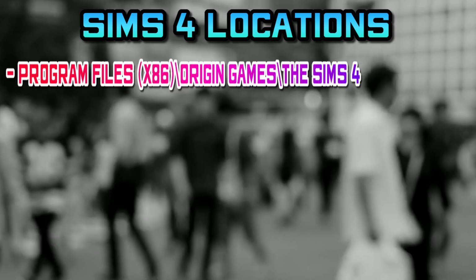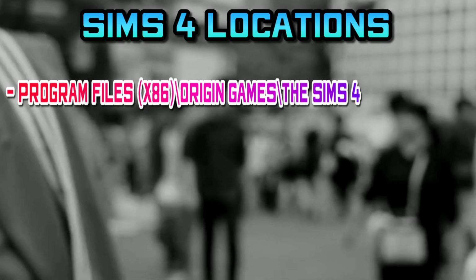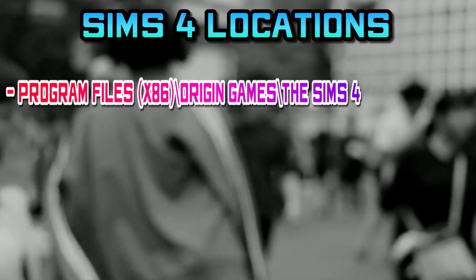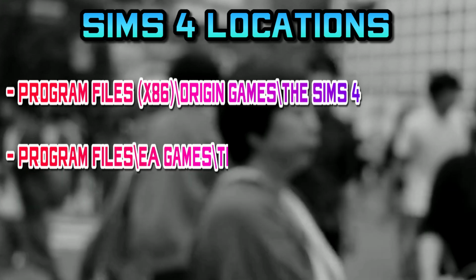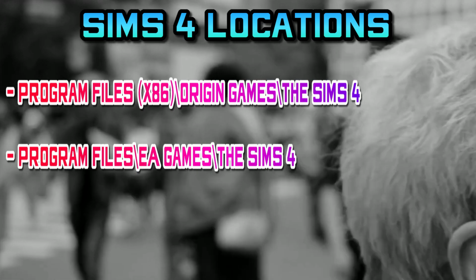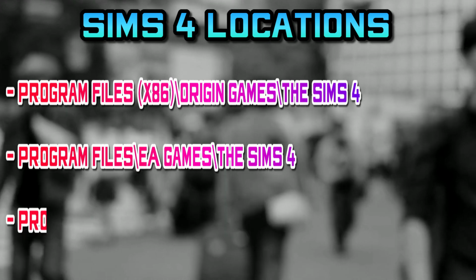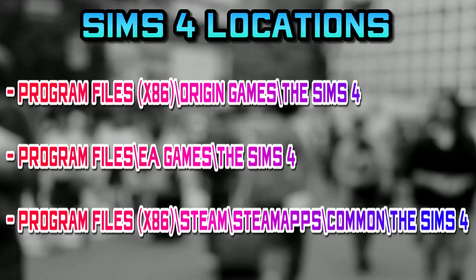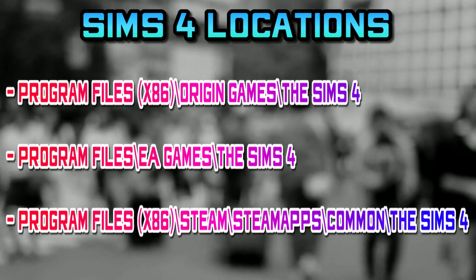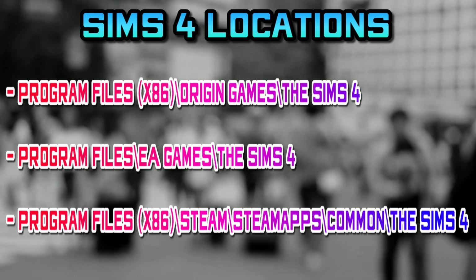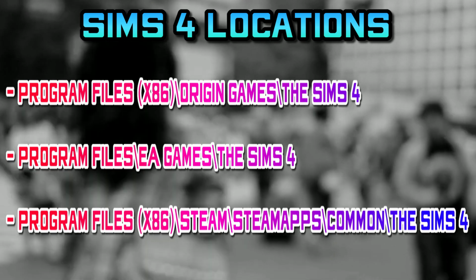Historically, The Sims 4 has lived in three main locations in its life: Program Files x86/Origin Games/The Sims 4, Program Files/EA Games/The Sims 4, and finally, Program Files x86/Steam/steamapps/common/The Sims 4.